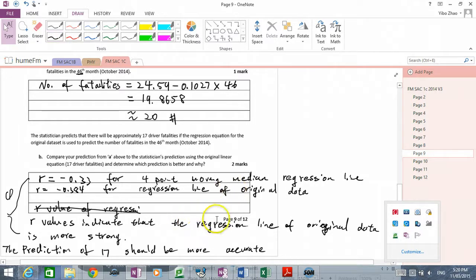The prediction will be more accurate, but the R value is still too far away from -1, so it's not much more accurate. These two will be very similar.